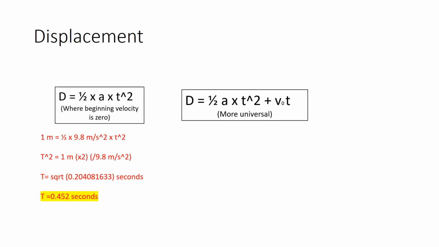So here's what we found. 1 meter equals 1/2 times 9.8 meters per second squared times time squared, and you can see the calculations we did here. It came out with t equals 0.452 seconds.